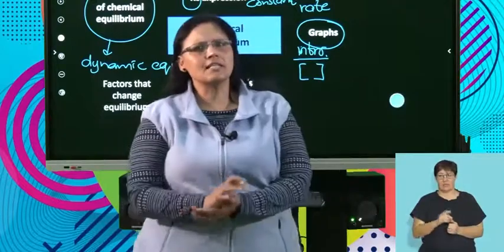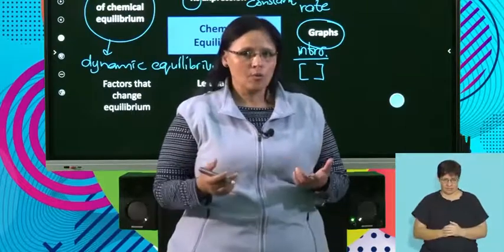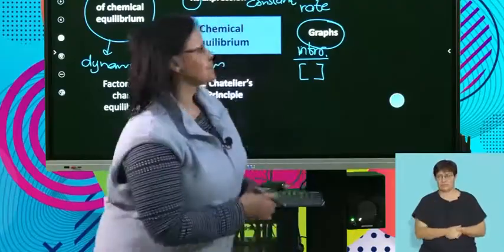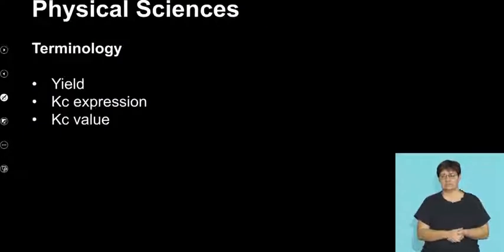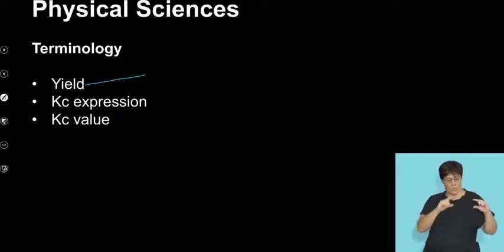We call it Kc if we use the short name. The terminology that we need to think about, and what I'm going to use now, is things like yield. Remember, yield is what gets formed when reactants react.